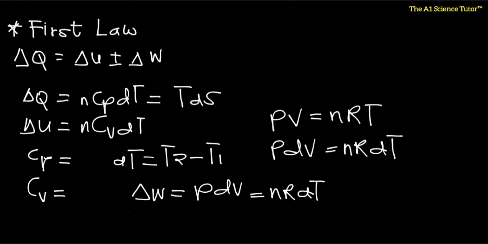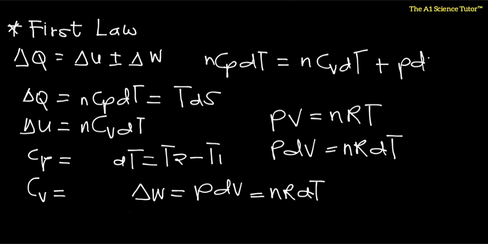That means I could actually rewrite the first law equation in this way. This could be rewritten as nCp dT, and that will be equal to nCv dT, and that will be plus P dV.